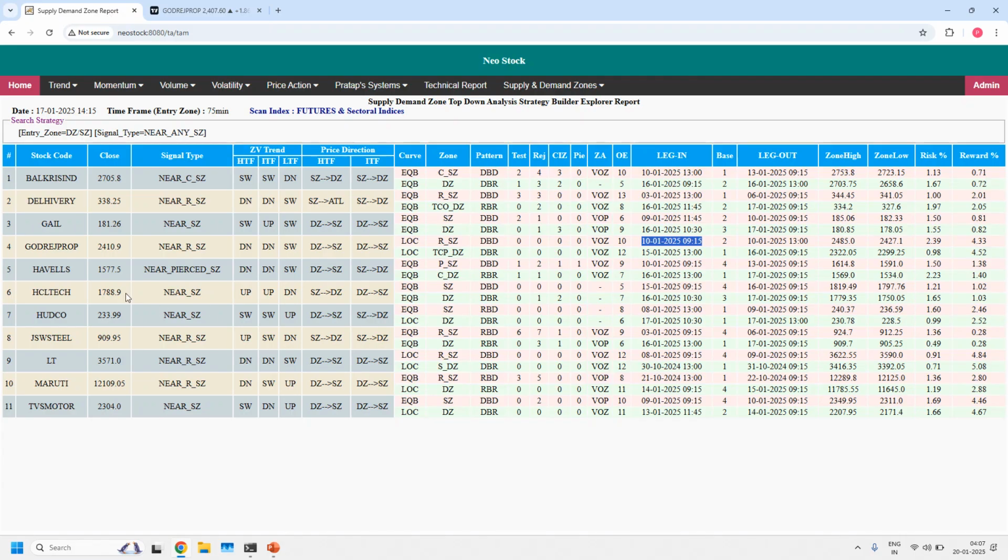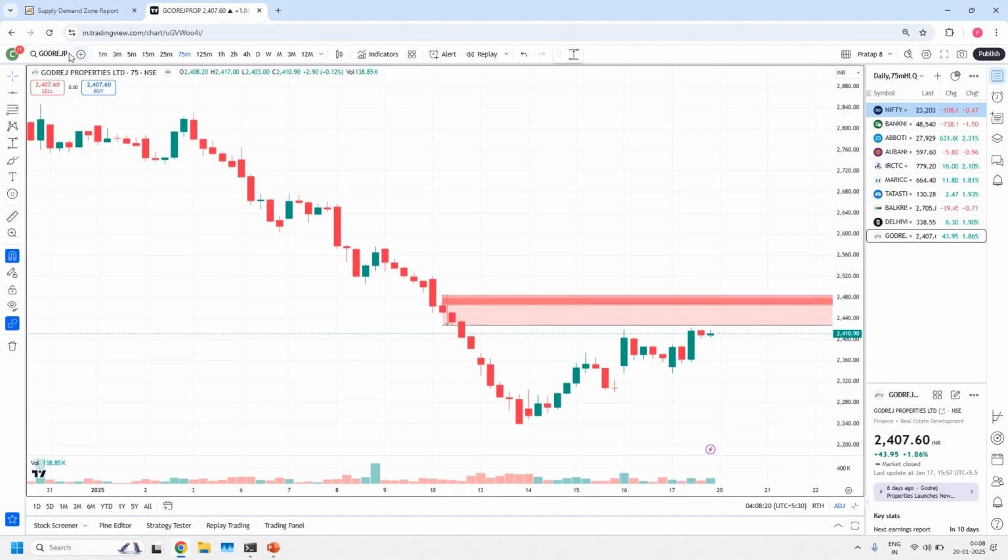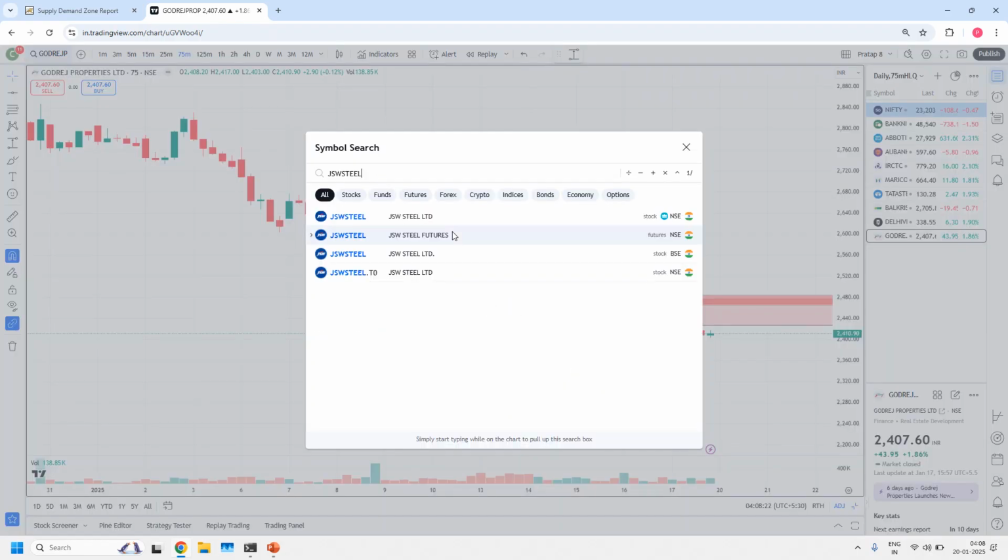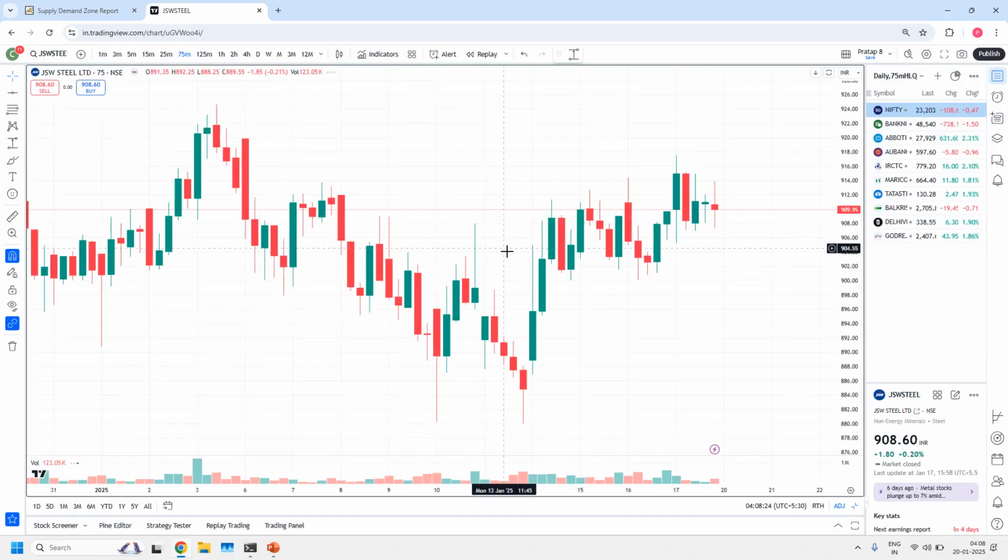So next one is JSW Steel. In JSW Steel, we have already tested this zone 6 times. This is a 3-1, 9-15, 4 base candles. 3-1, 9-15 JSW.